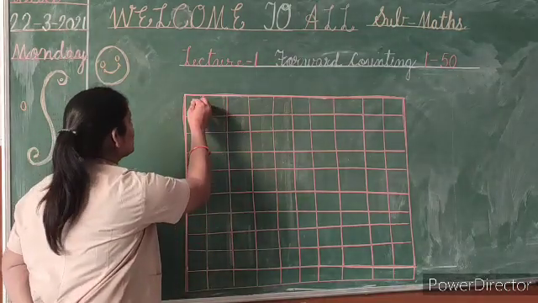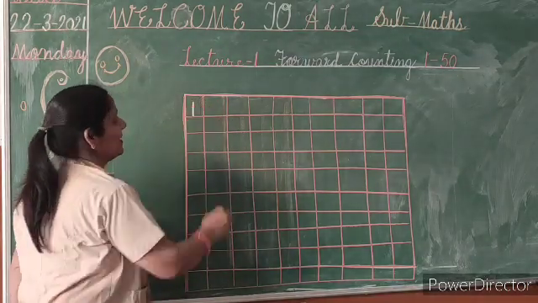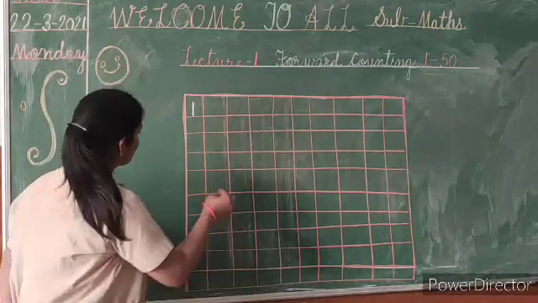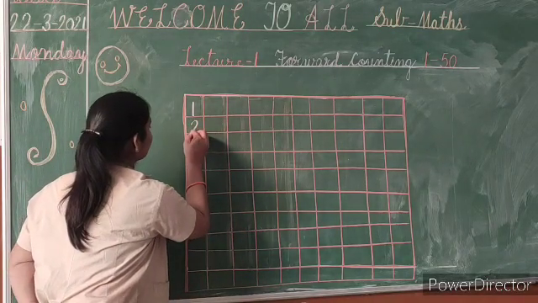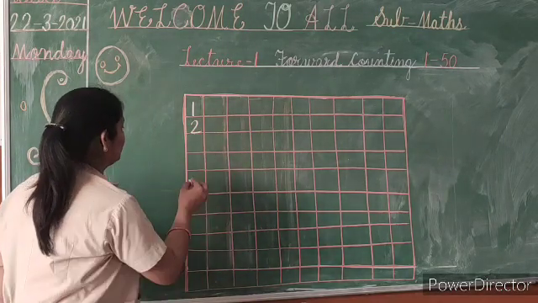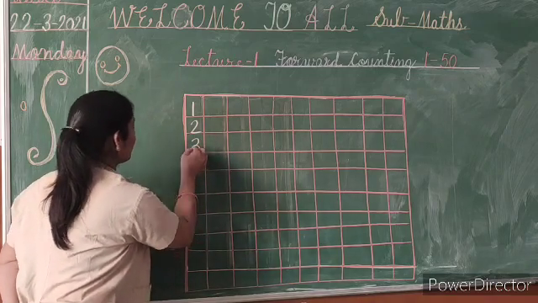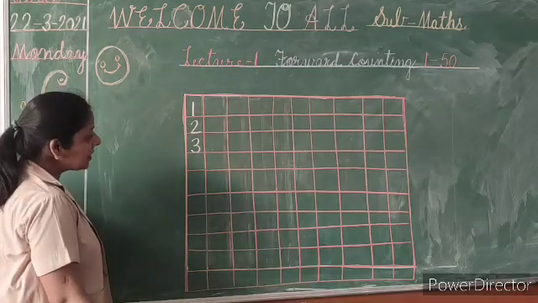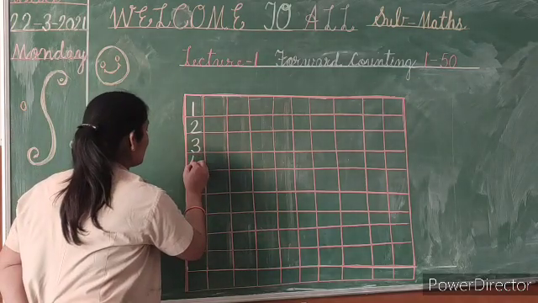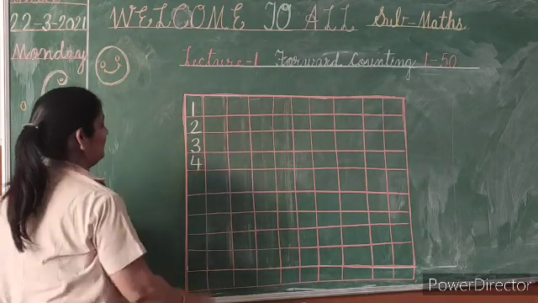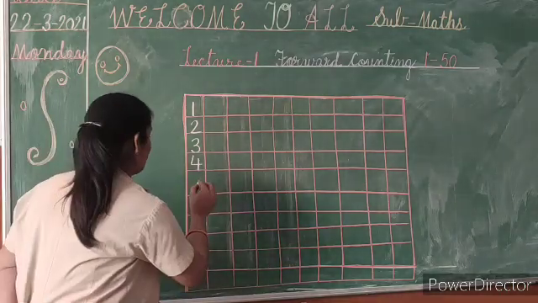1. Very good. Next number is 2. Very good. Then 3. After 3 what will come? 4. Then 5.